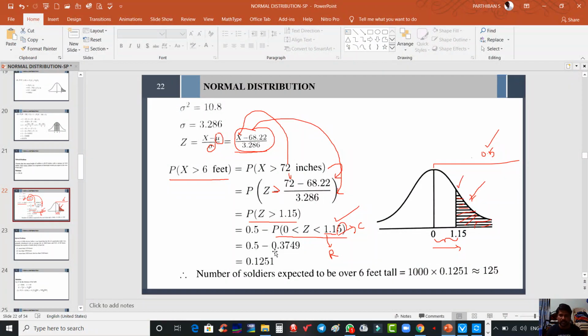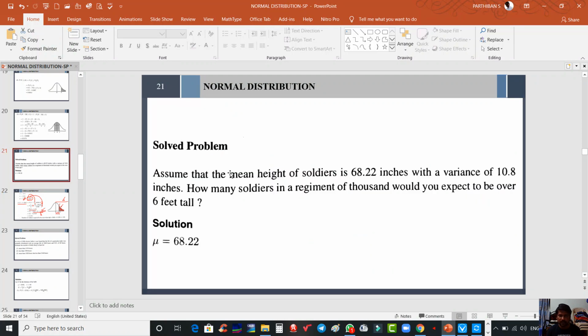So 0.5 minus 0.3749, that is 0.1251. Therefore the number of soldiers expected to be over 6 feet tall equals the total regiment of 1000 soldiers. We are given a total regiment of 1000 soldiers.